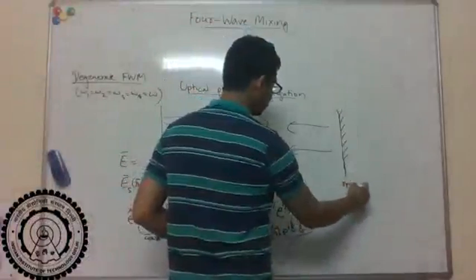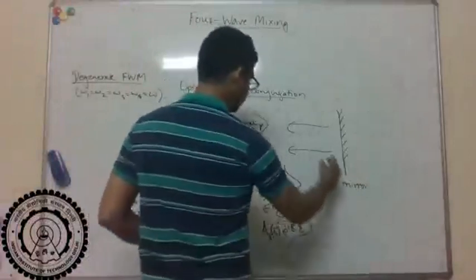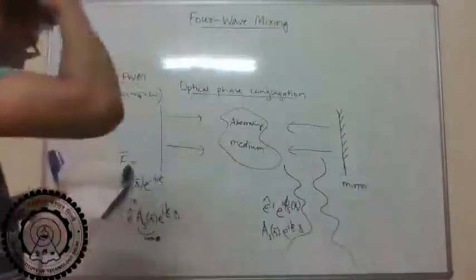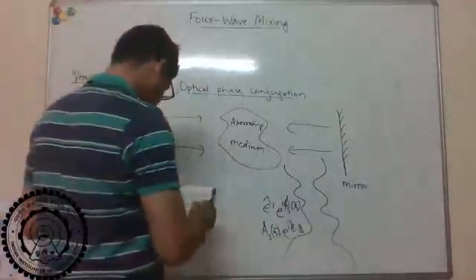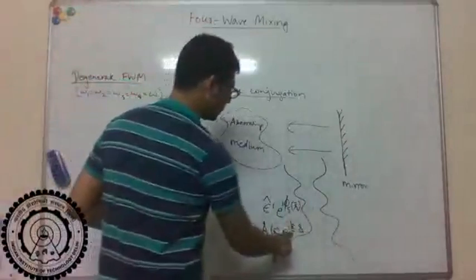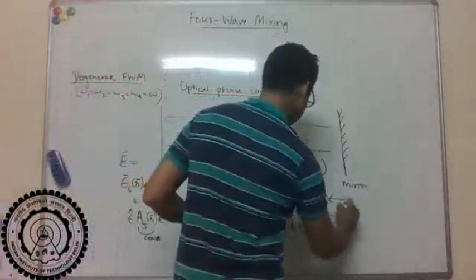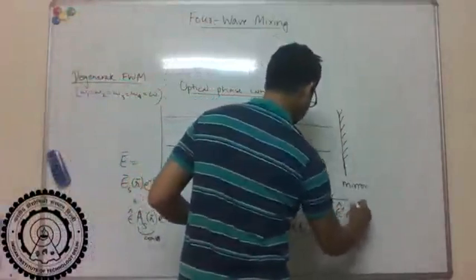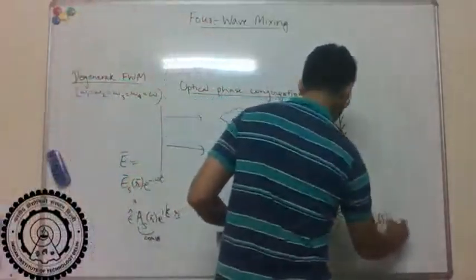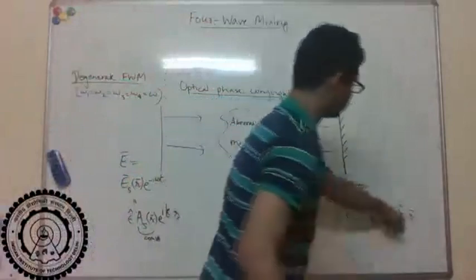Now I go to my object and let's say I reflect off. In a conventional case, let's say this is a conventional mirror, then the wave which is coming back will just be reflected. So all that will happen is this k will become minus k. So this wave which is coming back has the same polarization, same phase profile. This now becomes e to the minus i k dot r.